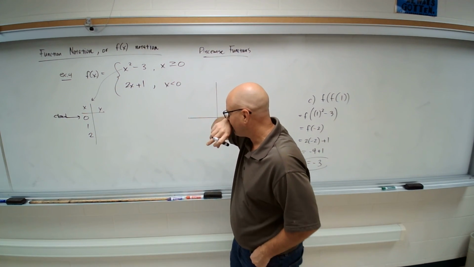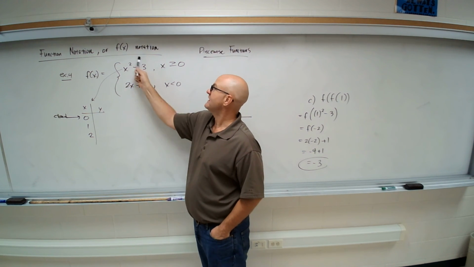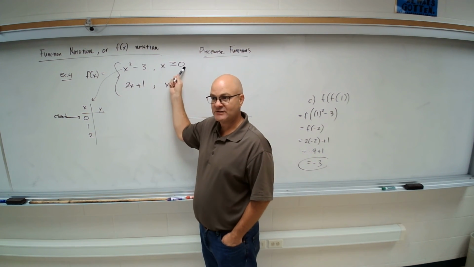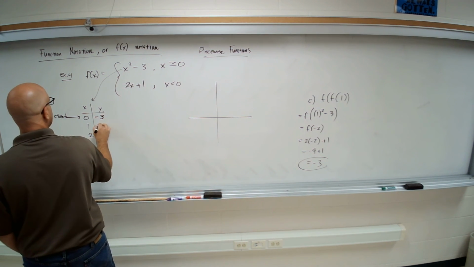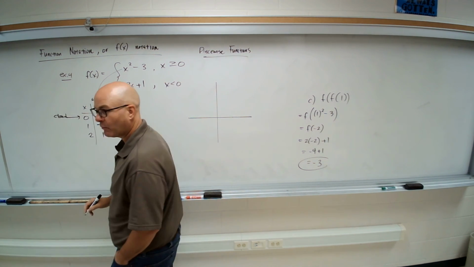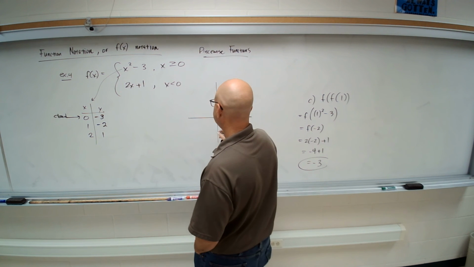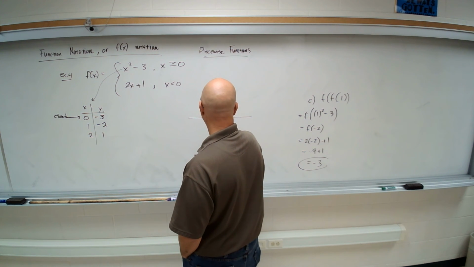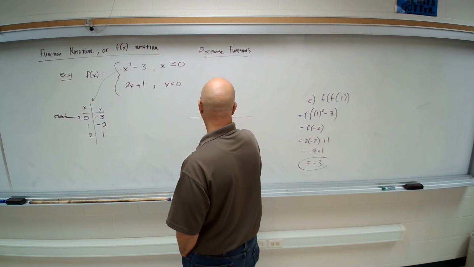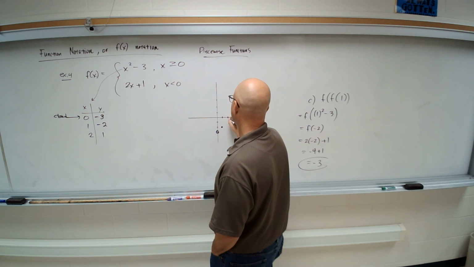So if you were asked to find f of 0, you'd use this rule, correct? Because it's equal to 0. So this will give us negative 3, and this will give us negative 2, and that'll give us 1. So we have 0, negative 3, 1, negative 2, 2, 1.